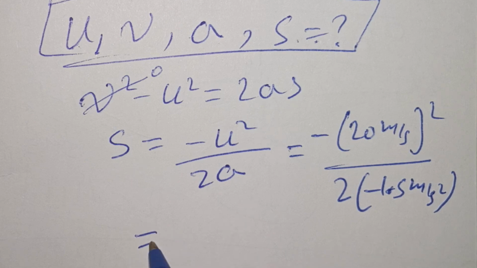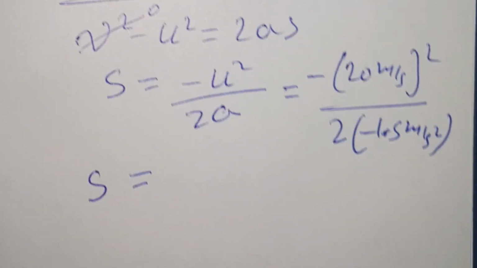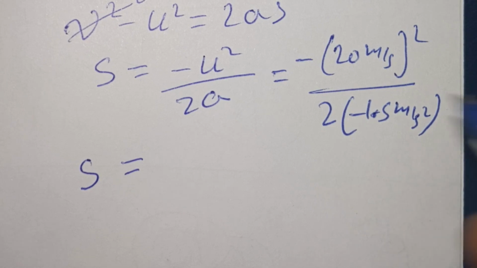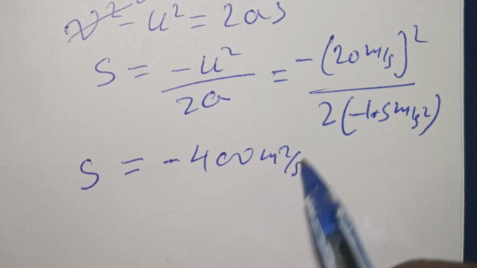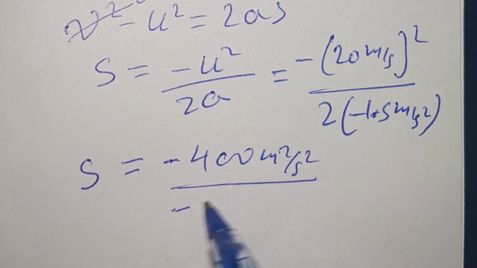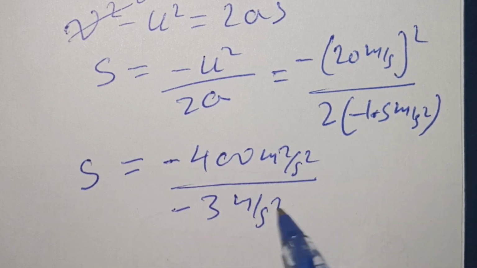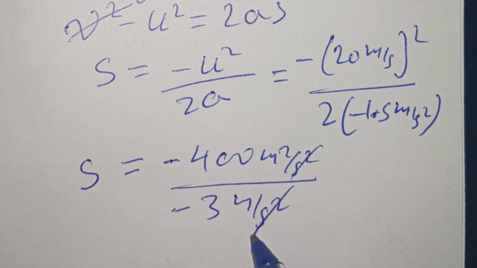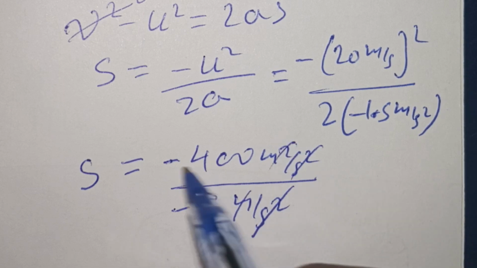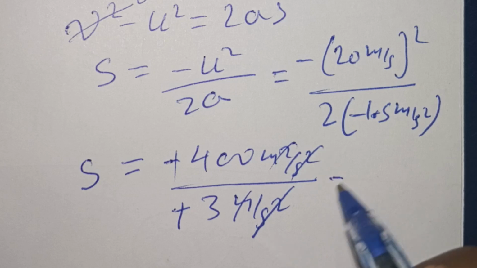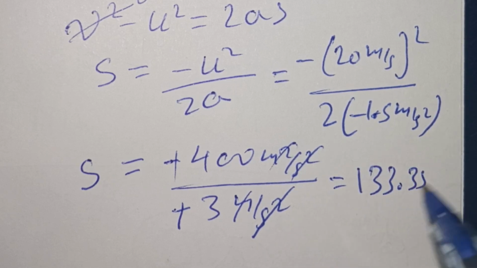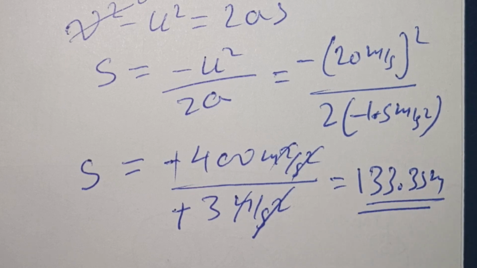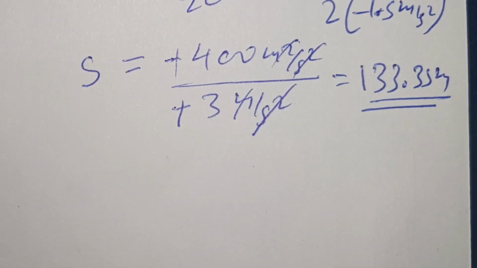So the distance traveled by the car before it comes to rest is minus 400 meters squared per second squared divided by minus 3 meters per second squared. We cancel second squared by second squared, 1 meter by 1 meter. These negatives cancel each other, and we have 133.33 meters traveled by the car before it comes to rest.